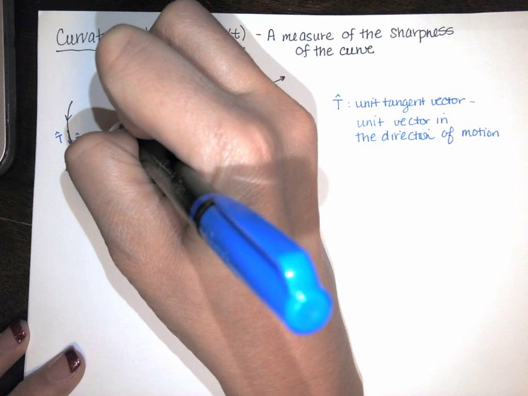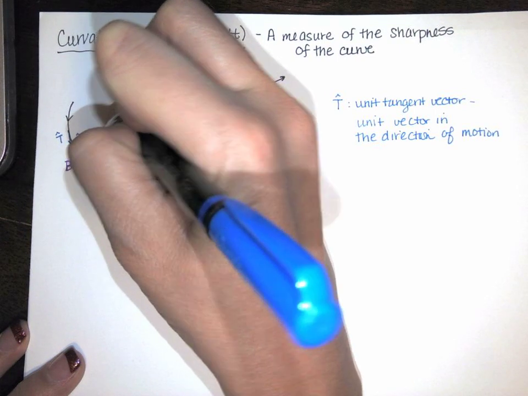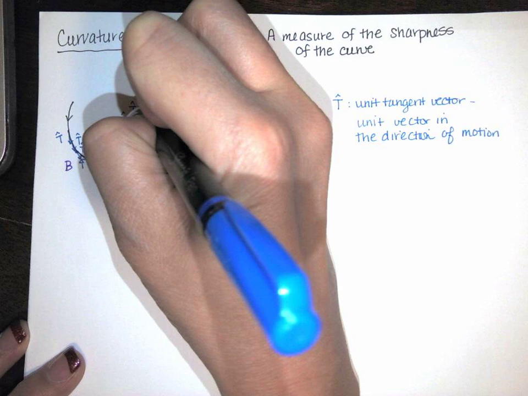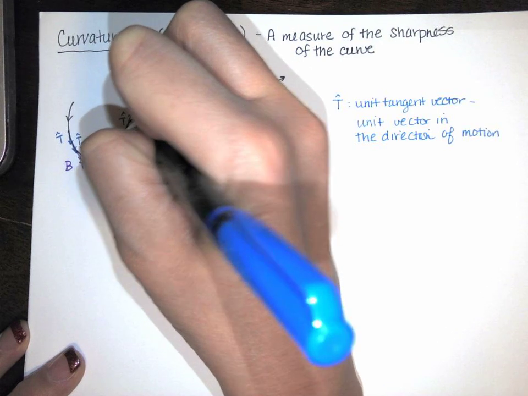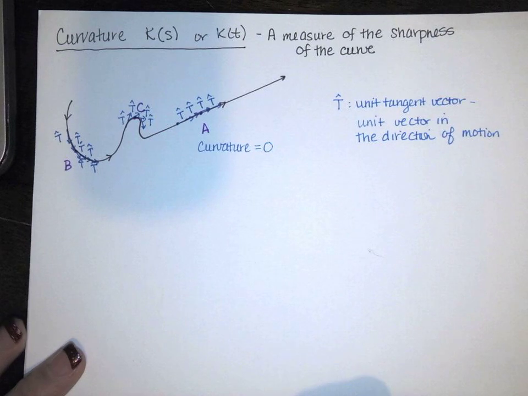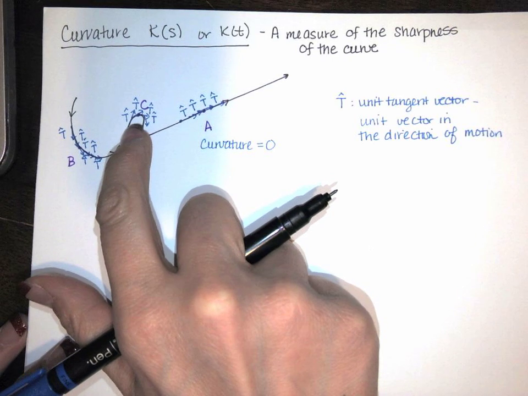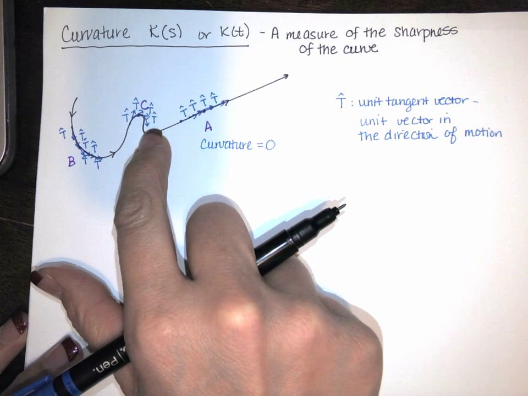Now let's think about the unit tangents near C. There's one, there's one, there's one. Do you see how they're changing direction extremely fast? Or they're changing direction a lot as we move a little bit along the length of the curve.